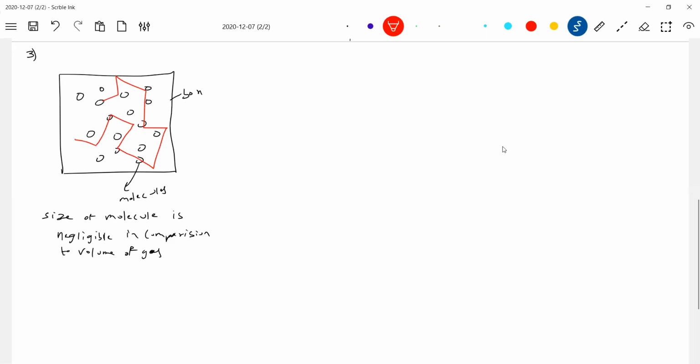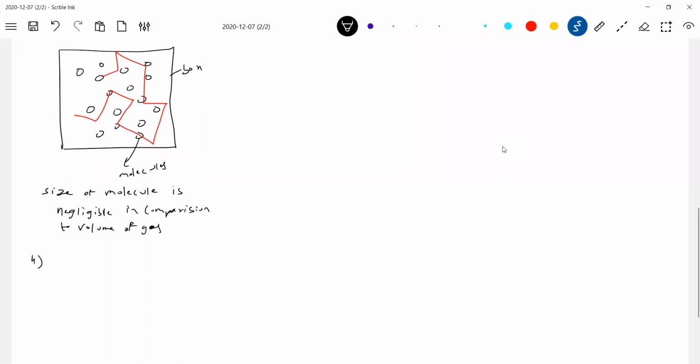Different molecules will be moving with different speeds. So in a gas, molecules move in all possible directions with all possible speeds.